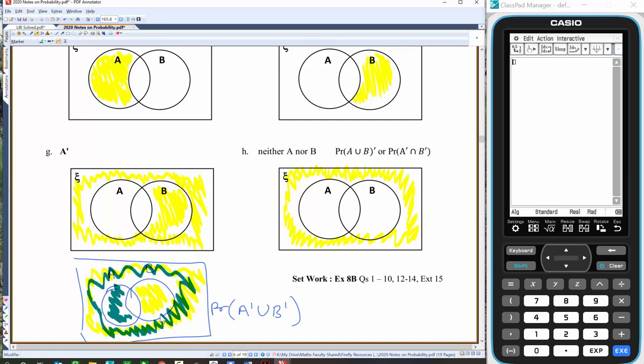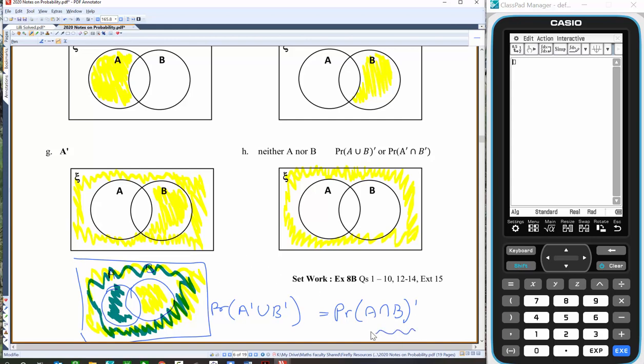All right, so notice what's been shaded there is everything other than the intersection. Okay, so that one there actually means the same thing as this. So this is the same statement, probability of A and B not. All right, they're the same thing.